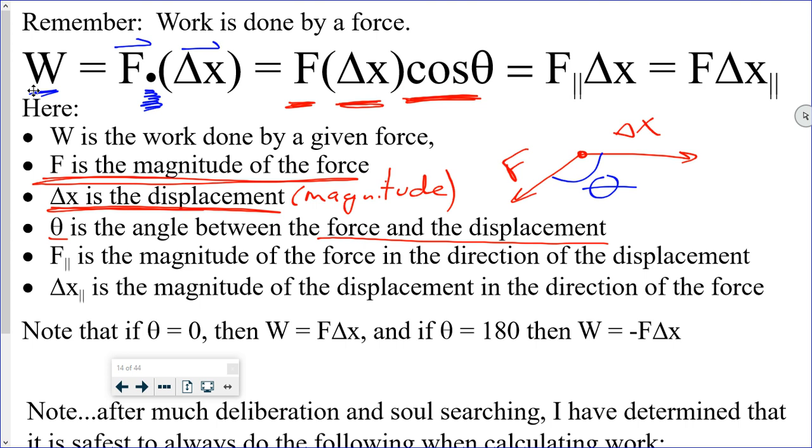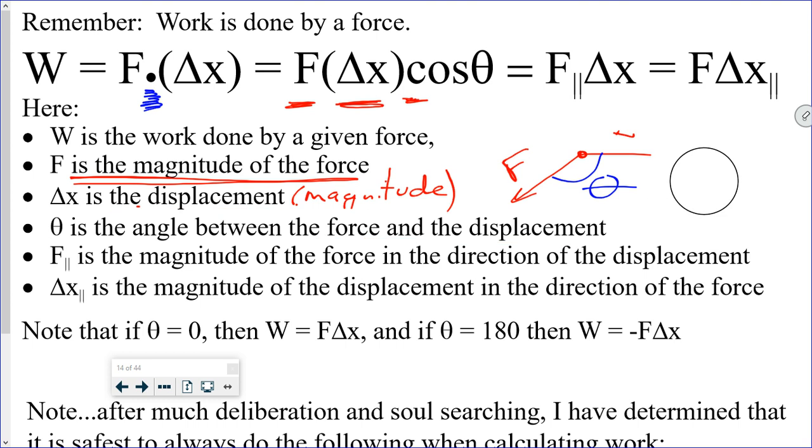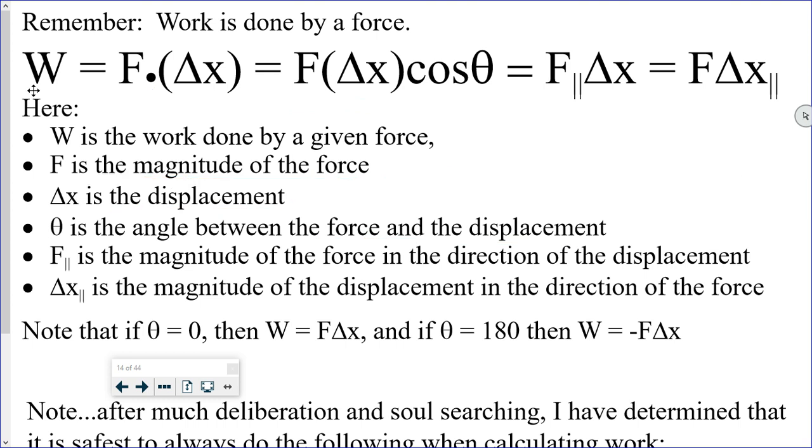The second way to do it is, let me clean up the board here a little bit. The second way to do it is to split your force up into components. And what you're going to do is look for the component of the force that is parallel to the displacement.